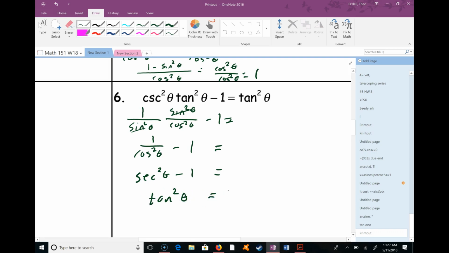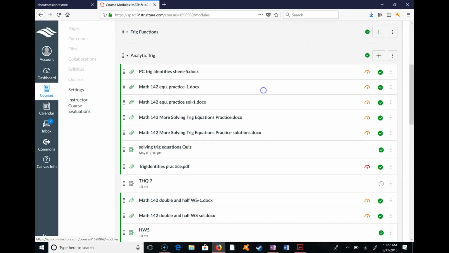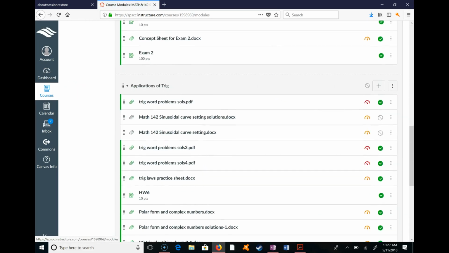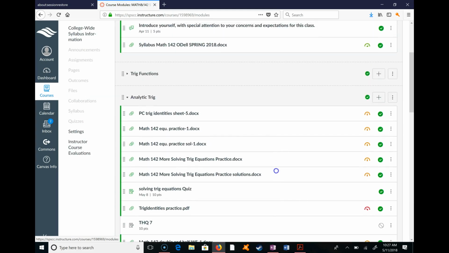Okay? In case you're wondering where all these identities are coming from, I mentioned this in the other video, but let's go back up to modules real quick and look inside there. Modules, under analytical trig. The trig identity sheet.